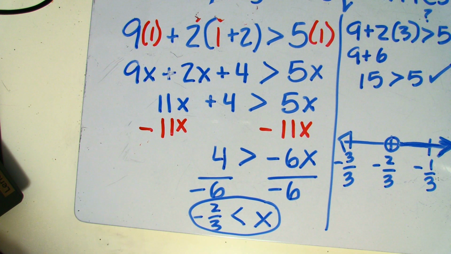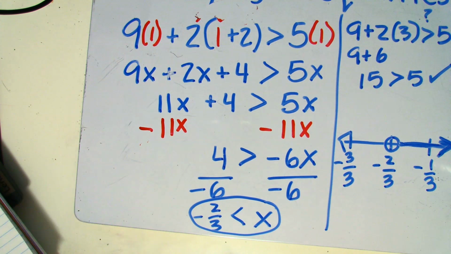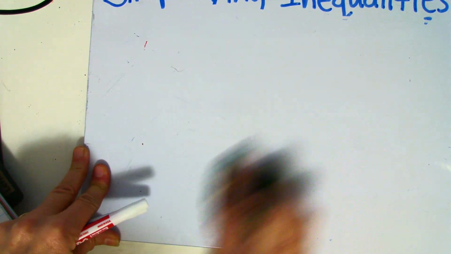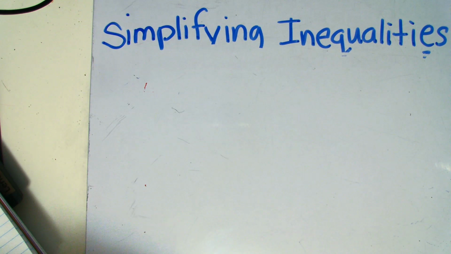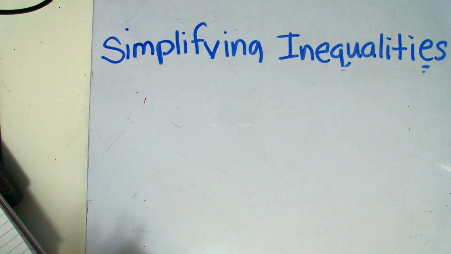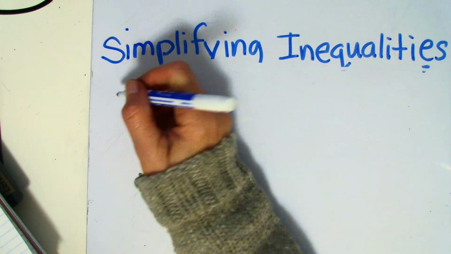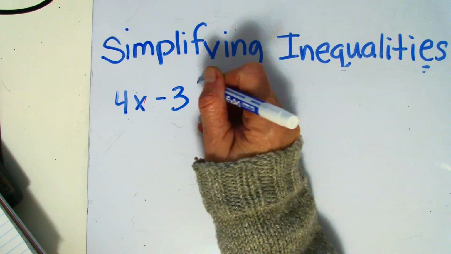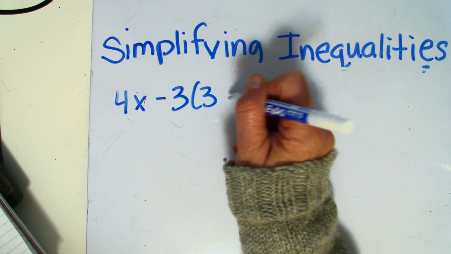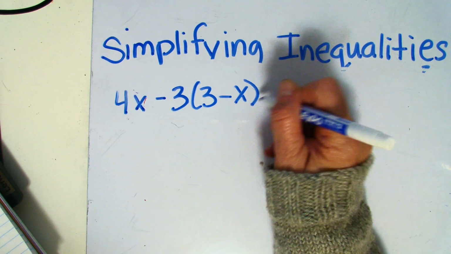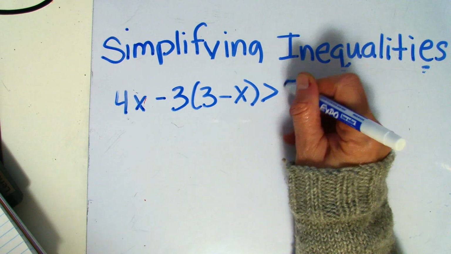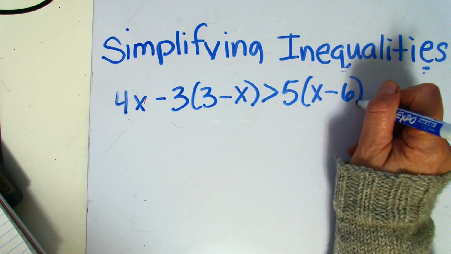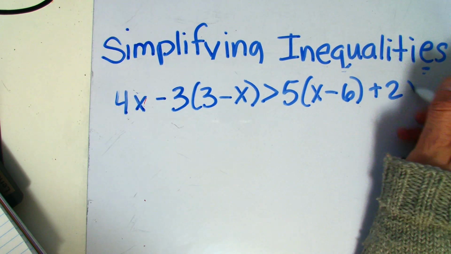There is one other one that we can look at. And this one will also have a few different things for us to do. Here we have 4x minus 3 times 3 minus x is greater than 5 times x minus 6 plus 2x.